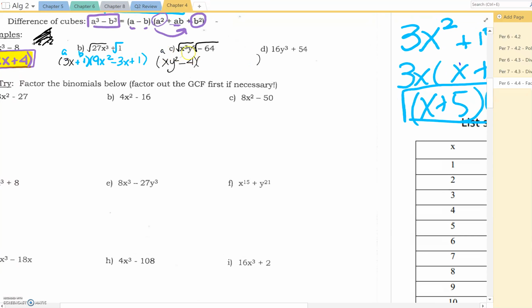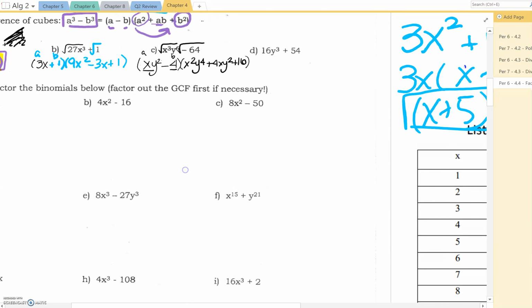So this is a, this is b. A is the first term squared, so x squared. Y squared squared is y to the 4th plus 4 times xy squared plus b squared. So plus negative 4 squared is positive 16.